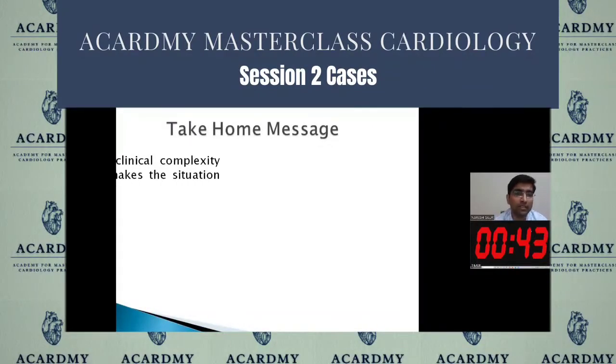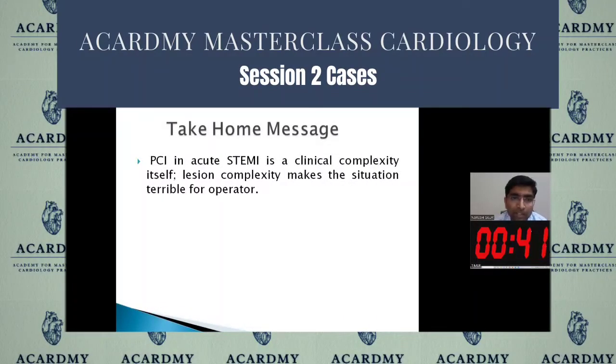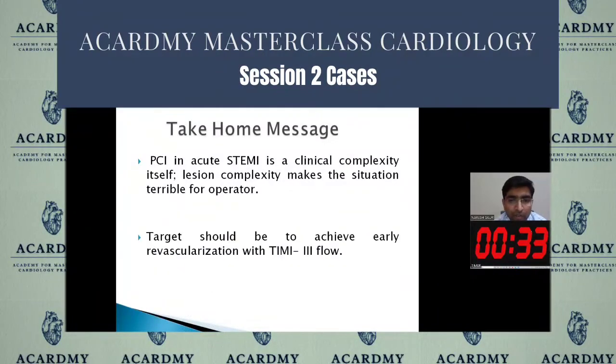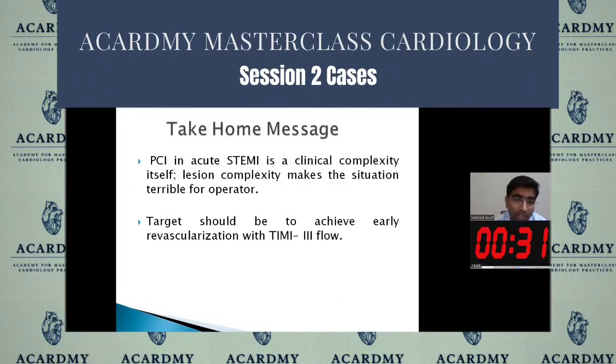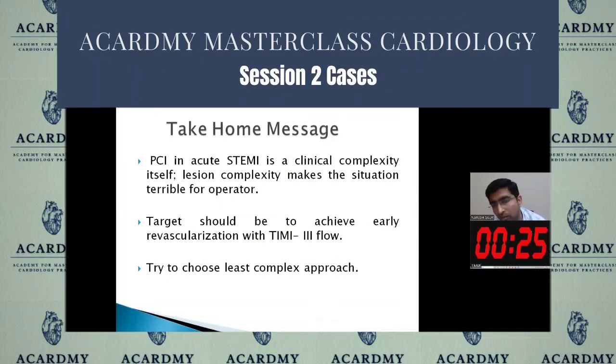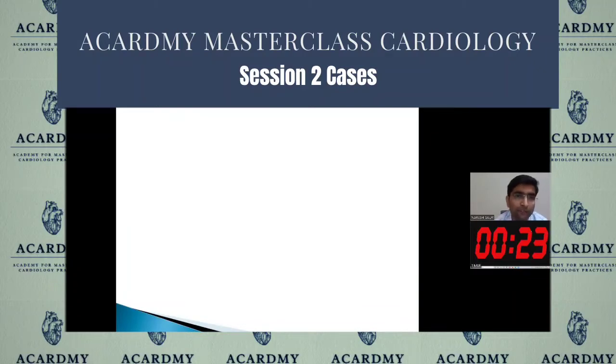So the take-home message is that PCI in acute STEMI is a clinical complexity in itself. So lesion complexity makes the situation terrible for the operator. The target should be to achieve early revascularization with TIMI 3 flow. Try to choose the least complex approach, whether it is bifurcation or other complex PCI.